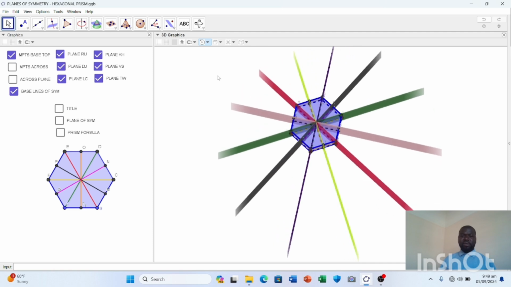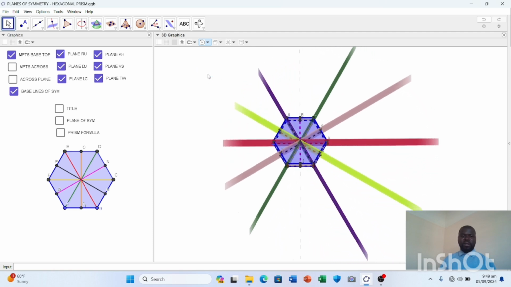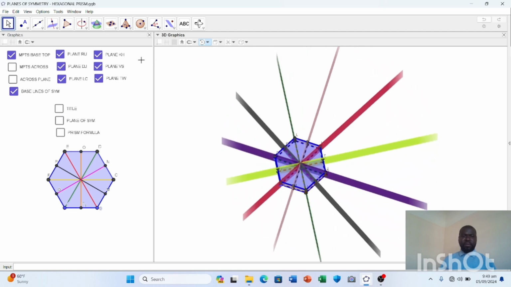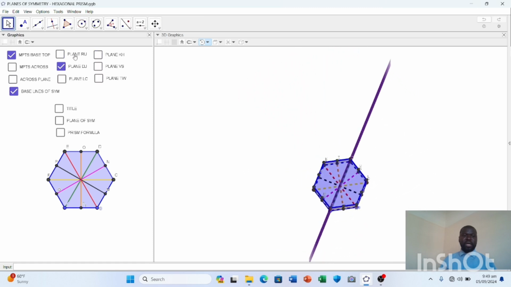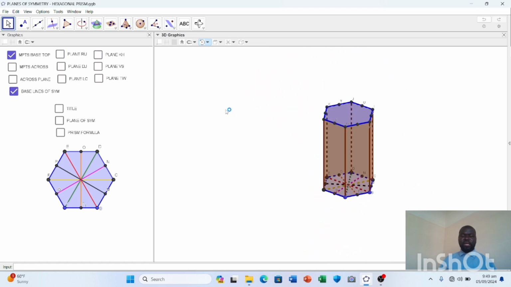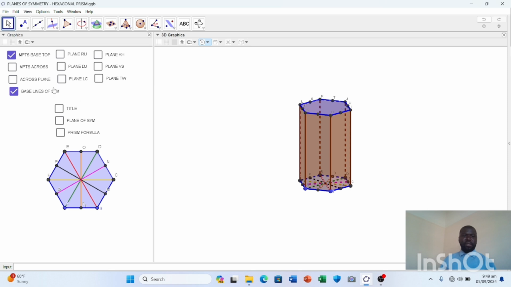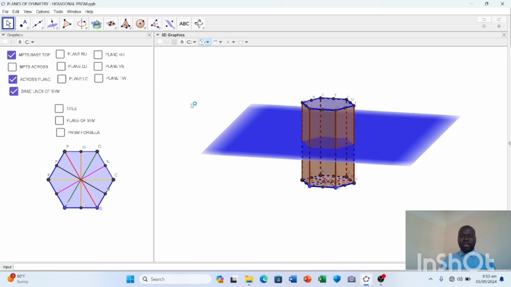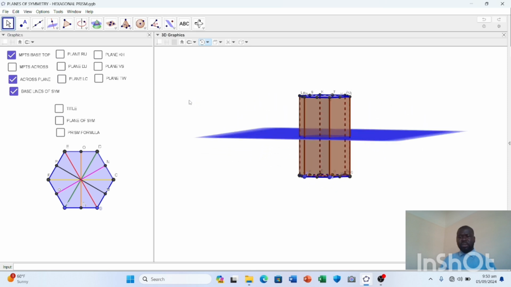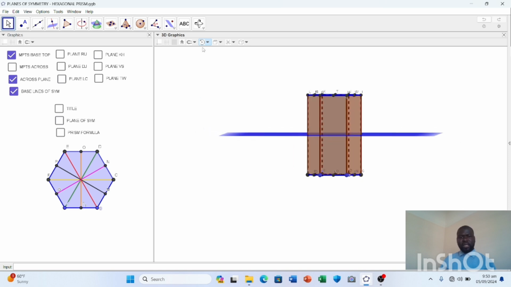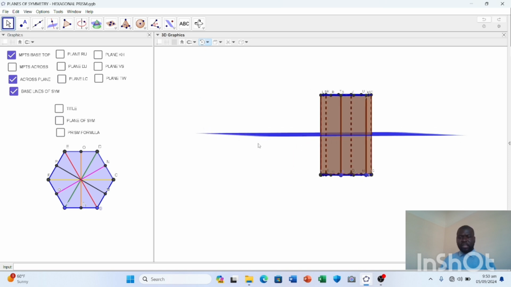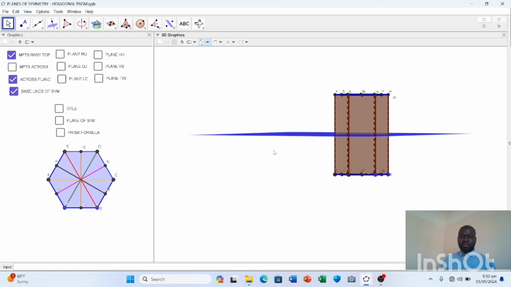And where is the 7th one? The 7th one will be the plane of symmetry that will cut across the prism. So to cut right across the middle of this prism, and you can see this is the 7th plane of symmetry.